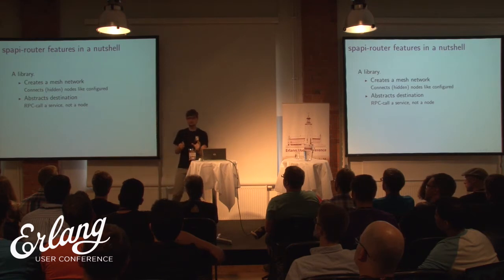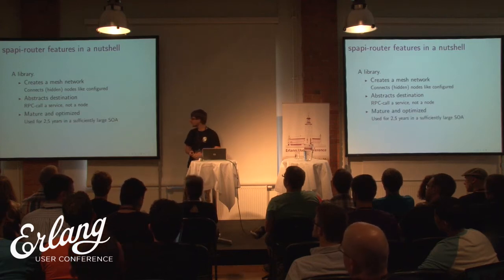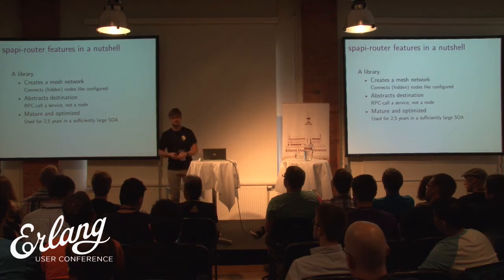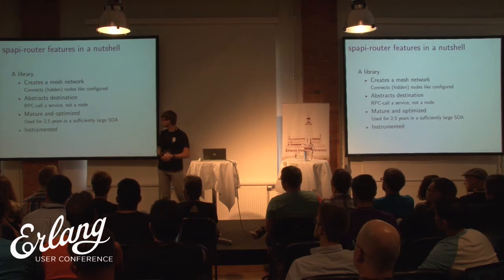It's like an RPC call, but the first argument is not the node but the service you're interested in, and SPAPI router takes care of finding which actual destination you want to call. We believe it's pretty good. We've been using this for 2.5 years in our backends. We optimized it, we fixed bugs and issues, and we trust it.